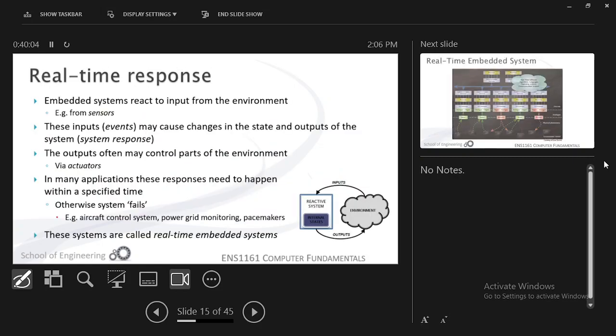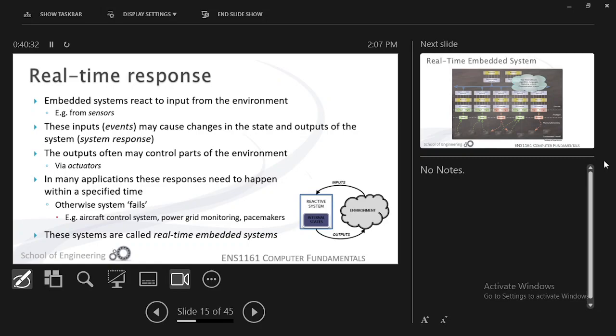Real-time responses. What happens in a real-time response, guys? As I told you, whenever a situation or instance occurs, the information is transferred to the other end as early as possible, near zero delay. That's the whole story of real-time embedded systems.